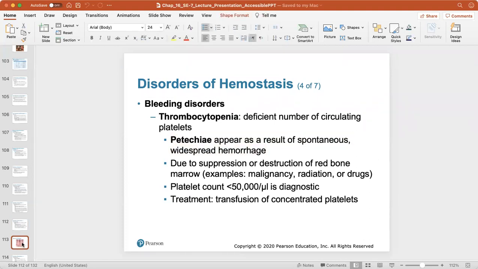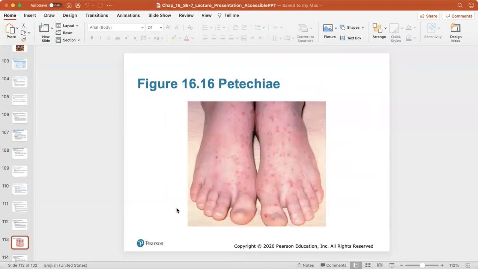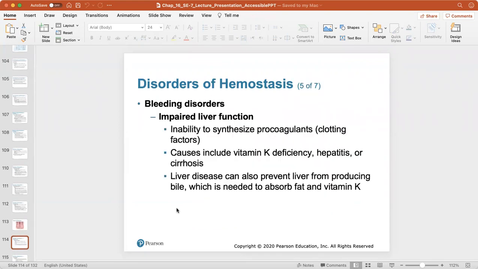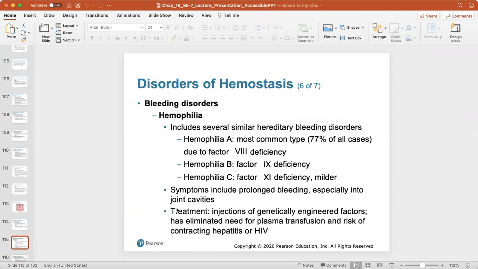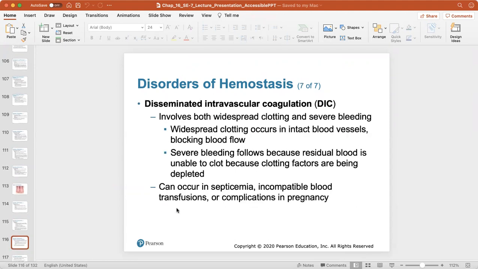So you get this hemorrhaging within the blood, and you can see it sometimes as red dots persisting in the feet. Other bleeding disorders can be from impaired liver function. Hemophilia is a hereditary bleeding disorder. DIC involves both widespread clotting and severe bleeding.